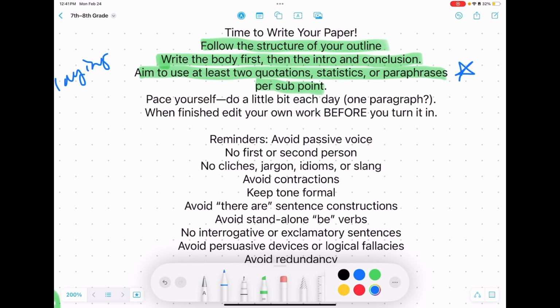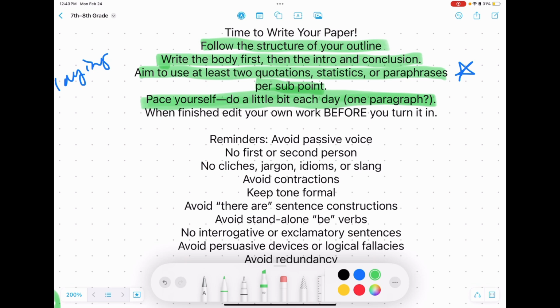You say your subpoint A, and then your very next sentence could be, for example, according to the New York Times, blah, blah, blah. Or the World Report cited this many kids played video games in the year 2010. So this is a good play. The place you put it is inside the A and B buckets after the topic sentence.